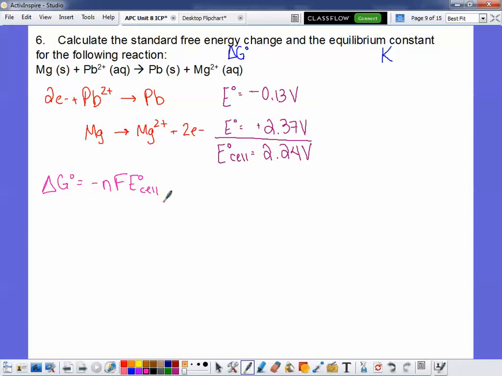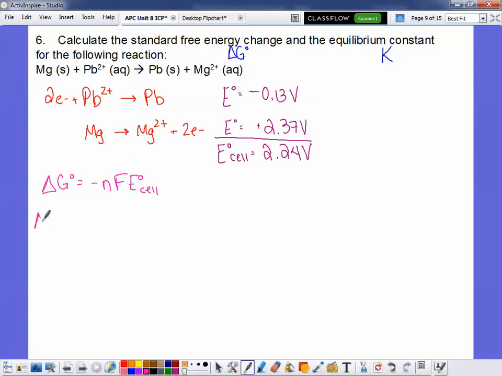Yes, ma'am, that is on the formula sheet. So the nFE equation, I don't want to say nifty because then that makes you think temperature's in the formula, so it's nFE. Temperature here would be 298 Kelvin because it's standard, so it is given, technically.